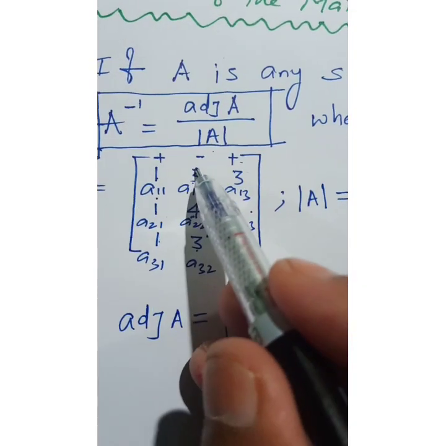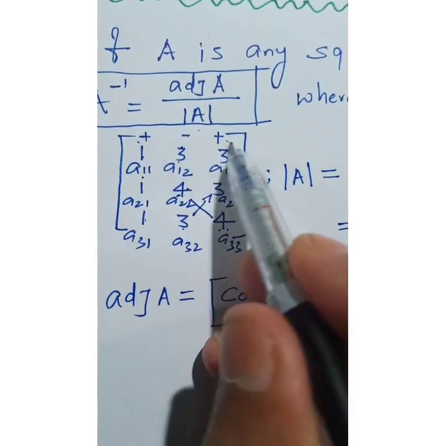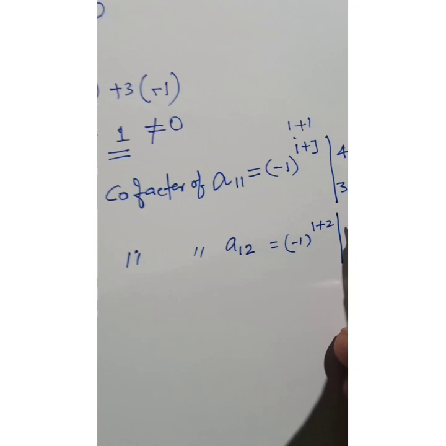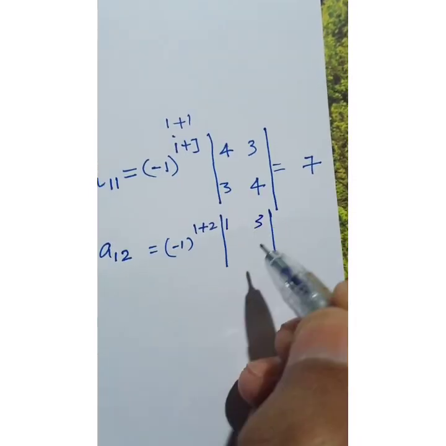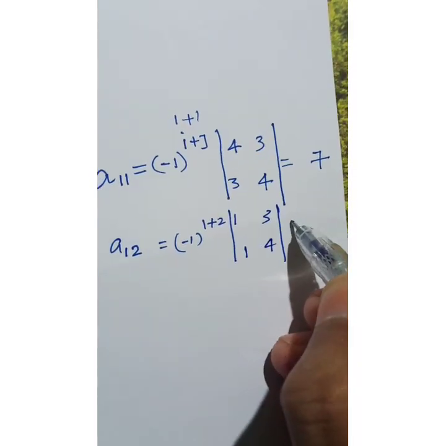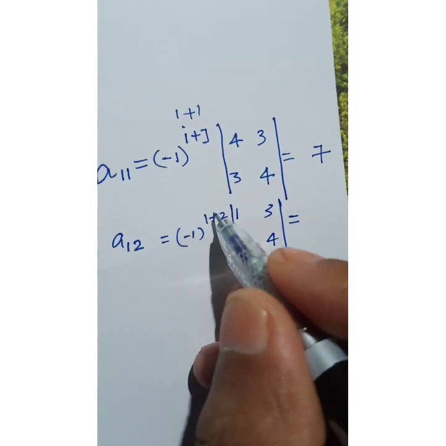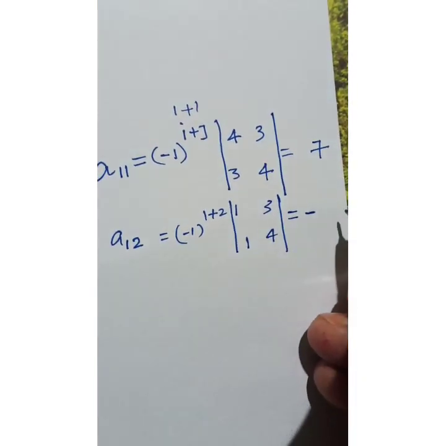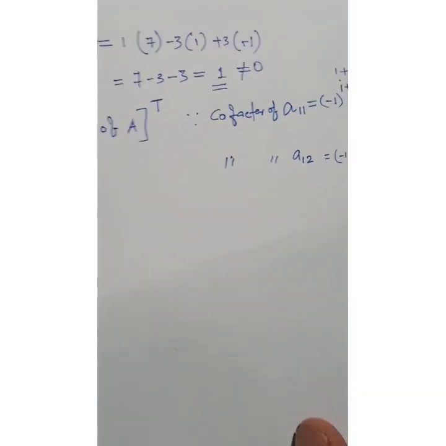If you are taking this element, you have to ignore this column and this row, so the rest is 1 3, 1 4. Minus 1 power odd is always minus, and 4 minus 3 is 1. Similarly we will find the total.